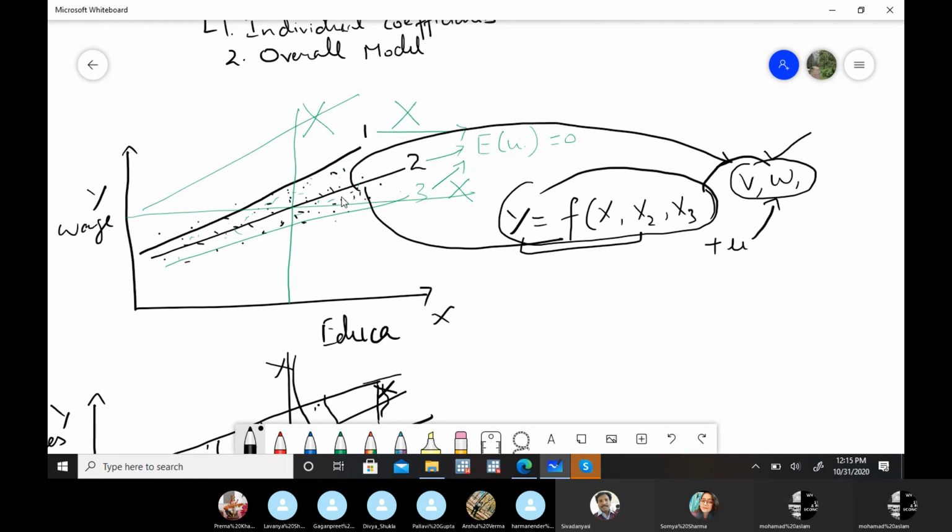We give a space in the regression model with the residual, so all these changes are because of these factors.